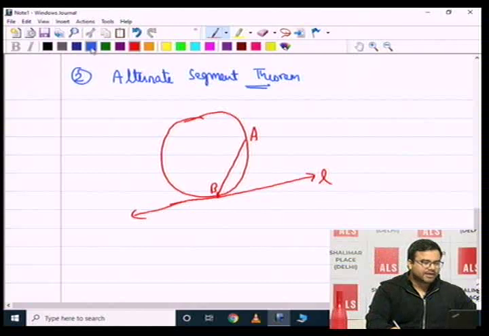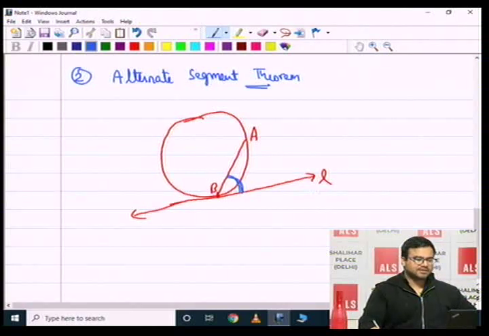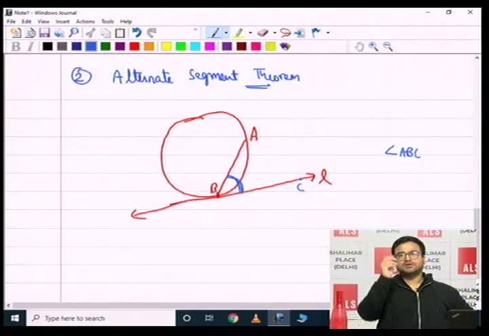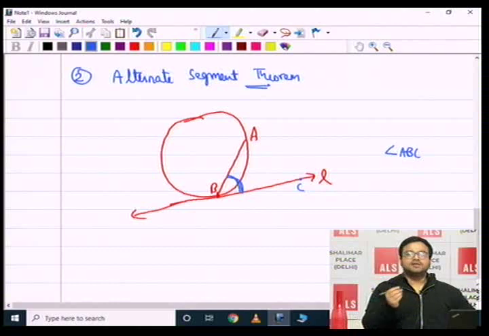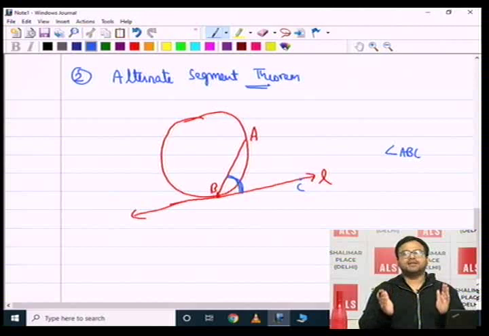Now, whatever angle this chord is making with the tangent, this complete angle, let's name this one as C. So, angle ABC is the angle which the chord is making with this tangent. So, the same angle this chord will make in the alternate segment, because segment means when we draw a chord in a circle that divides the circle into two parts.